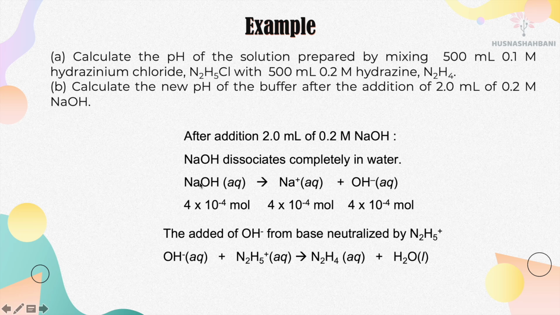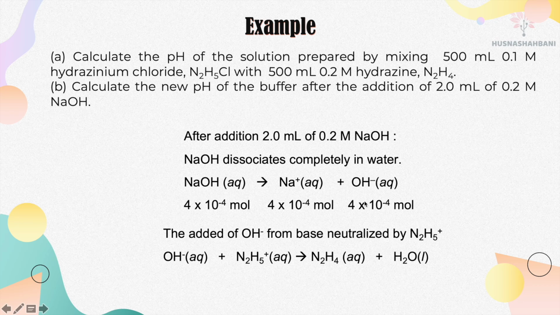In there, you have the NaOH molarity and NaOH volume, so 2 ml of 0.2. From volume and molarity, you can get the number of mole because it dissociates completely, 1 mole, 1 mole, 1 mole. So you get 4 times 10 to the power of negative 4 mole, and the same 4 times 10 to the power of negative 4 mole for each.